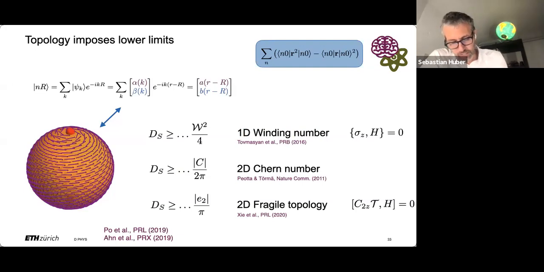That was done by Murat in my group, and it's related to the winding number. And then now we have this fragile topology, which unfortunately is the one that is relevant for twisted bilayer graphene, or most probably should be relevant for twisted bilayer graphene. We have quite a lot of indications for that. Again, there is an index, and the superfluid stiffness is bounded by this index.